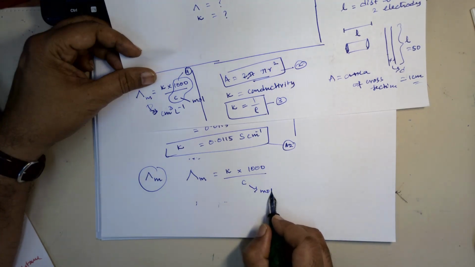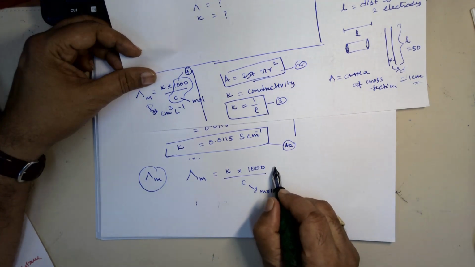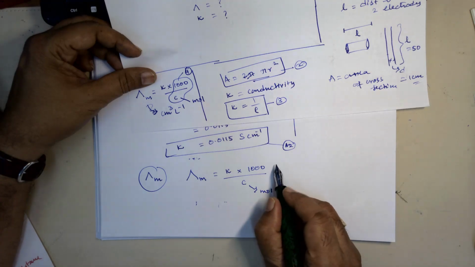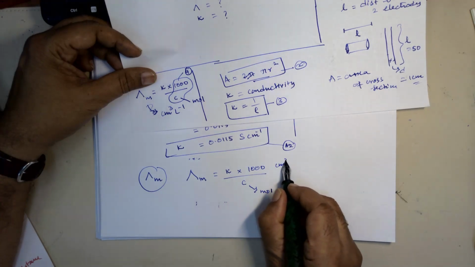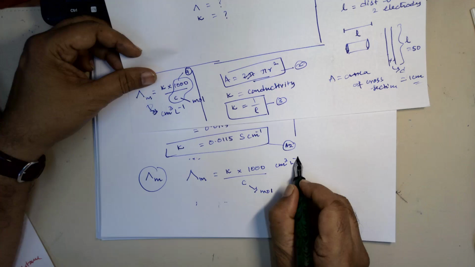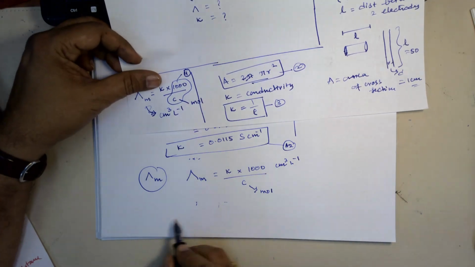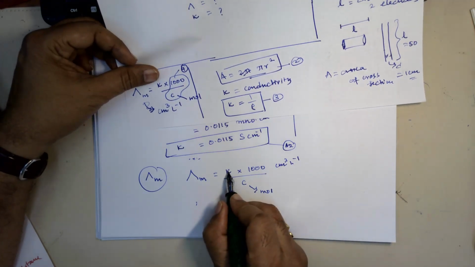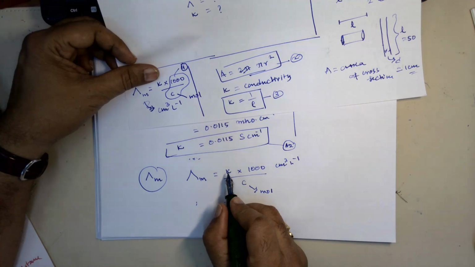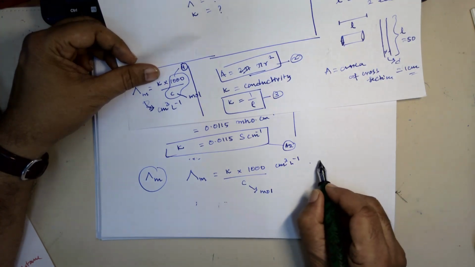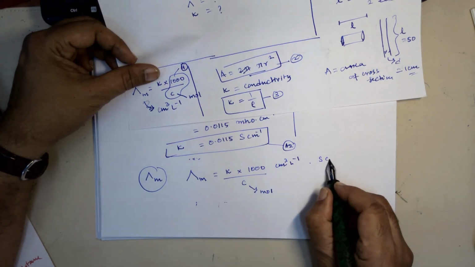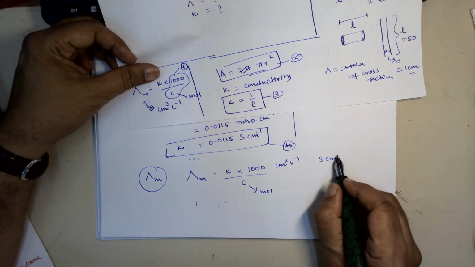And this one represents centimeter cube per liter. Okay. And kappa is Siemens centimeter inverse.